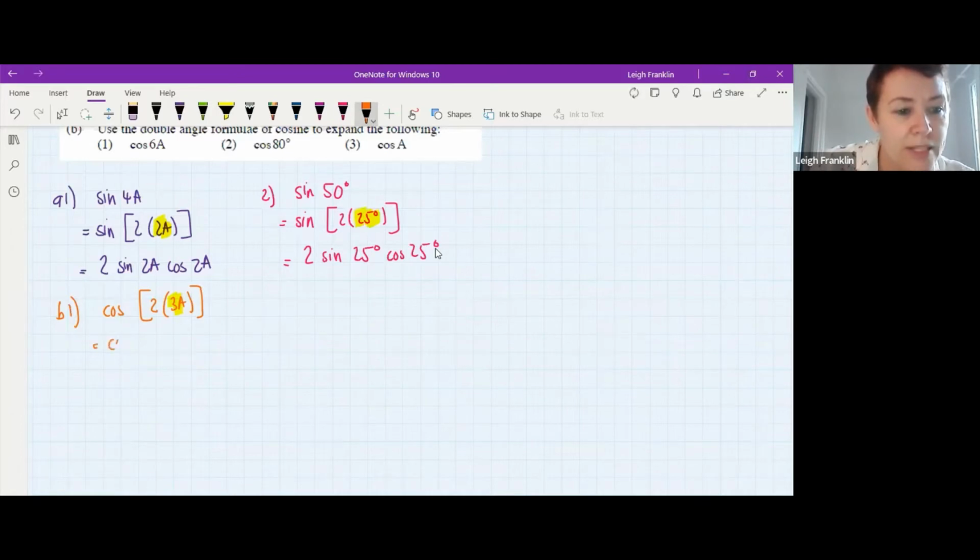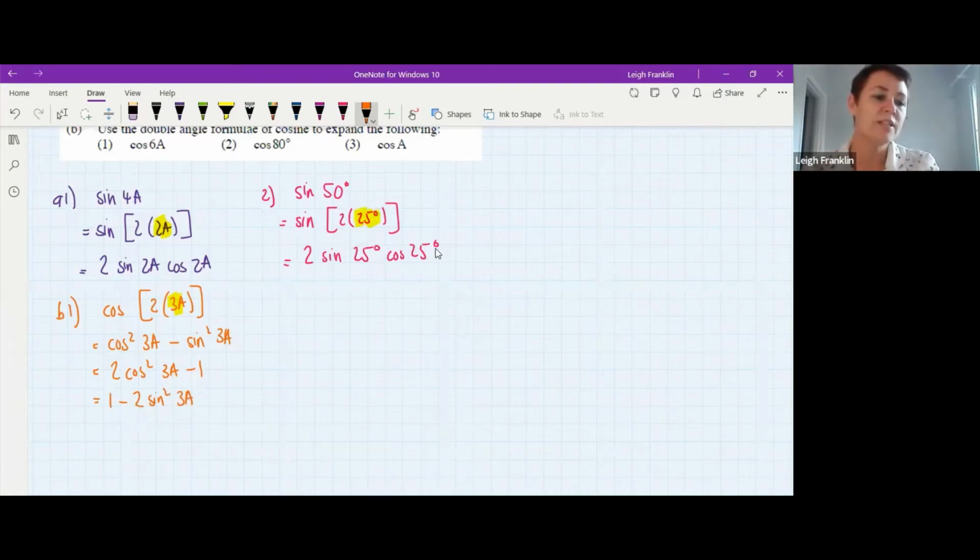Either I can write it as cos squared 3a minus sine squared 3a, or I can write it as 2 cos squared 3a minus 1, or I can write it as 1 minus 2 sine squared 3a. I don't have to write it in all 3 ways. It's just possible for me to do so.